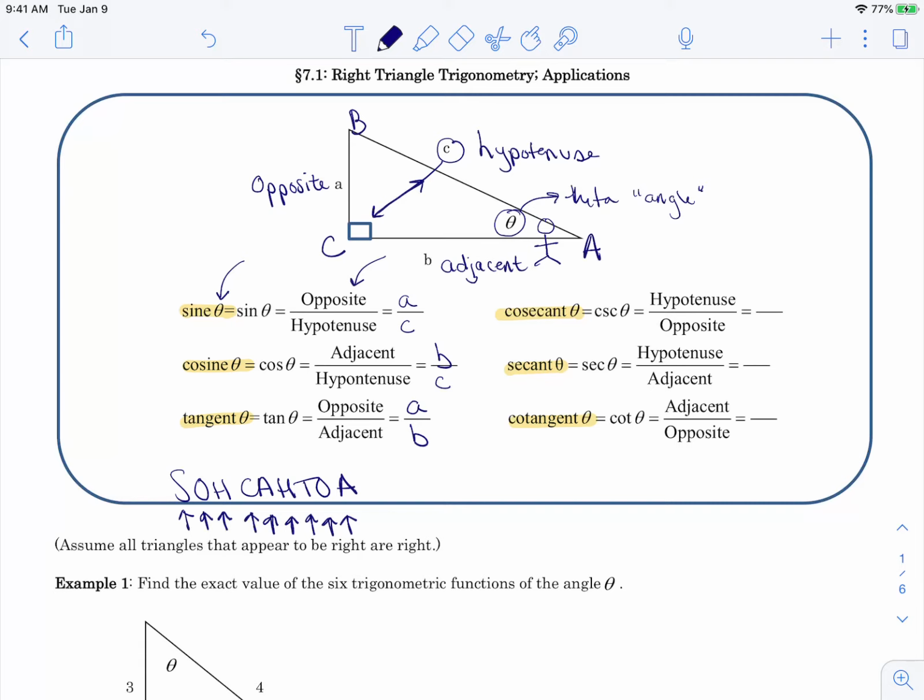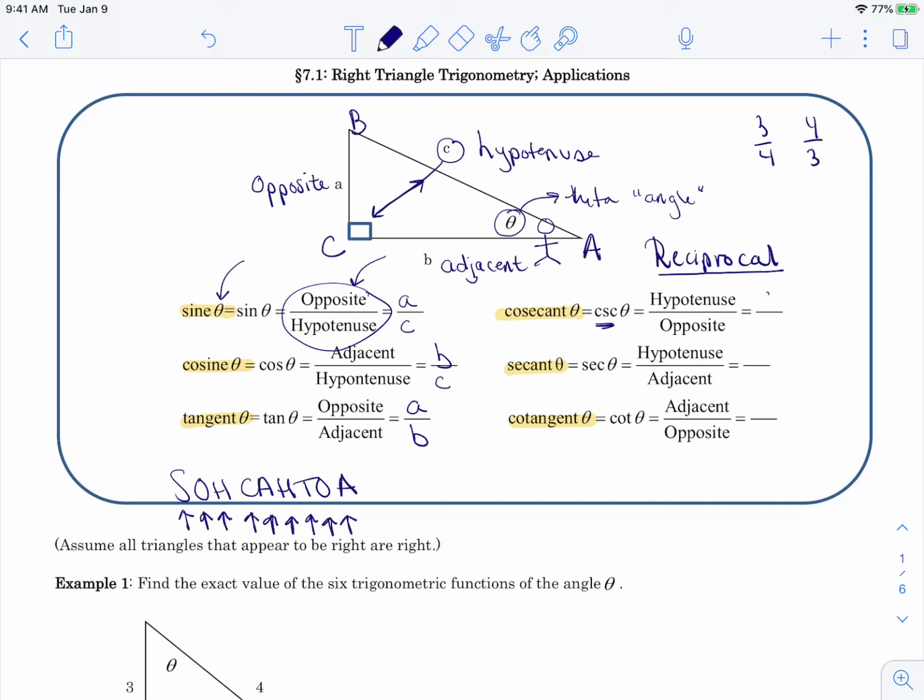Now for the next 3 functions, they are known as your reciprocal functions. If I had 3/4, my reciprocal is known to be 4/3. So cosecant of theta is the reciprocal for sine, and it's abbreviated CSC. Now I'm just flipping this ratio.